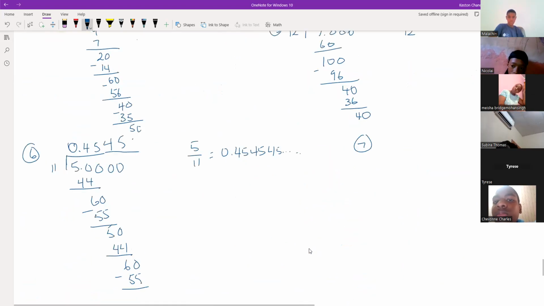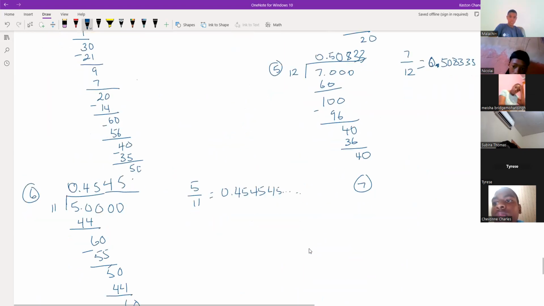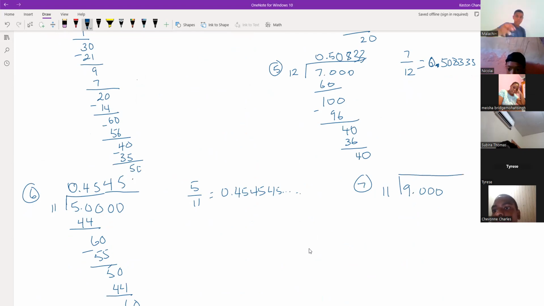So we did number 7, which is 9/11. Eleven into 20 here is going to give me 1. 1 by 11 is going to give me 11.